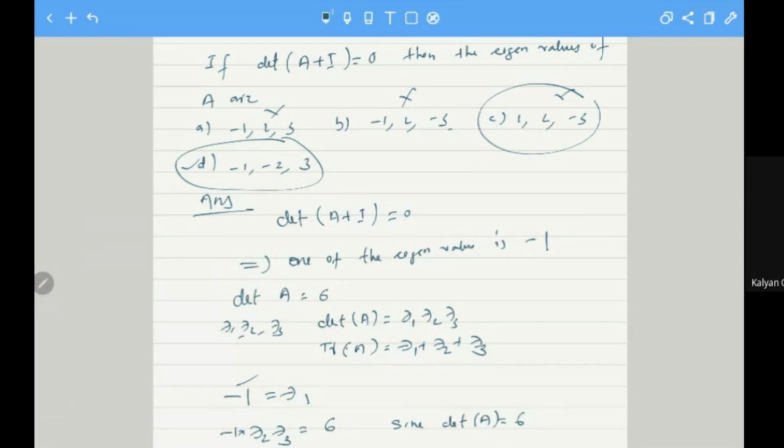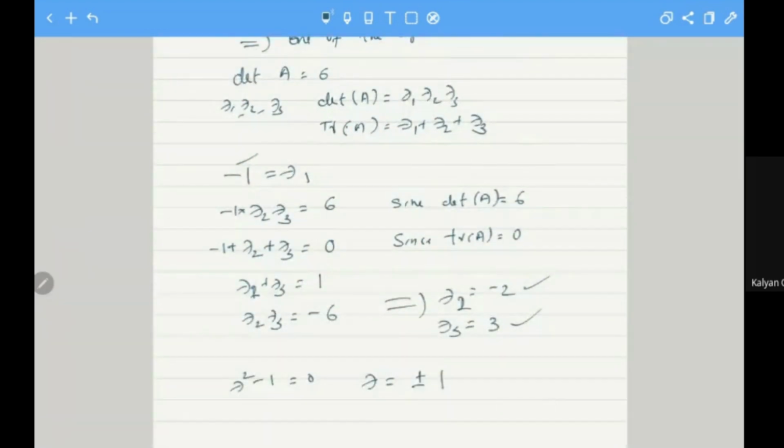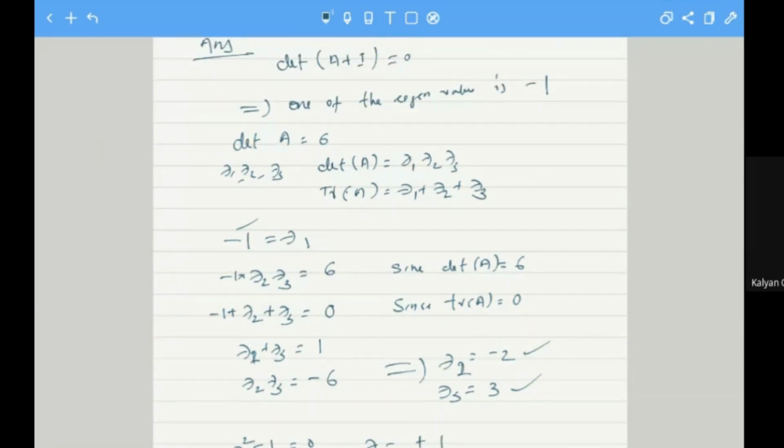Sir, what is the importance of determinant of A plus I equal to 0? If determinant of A plus I is 0, it means we get that -1 is an eigenvalue, right? How do we calculate the eigenvalues?